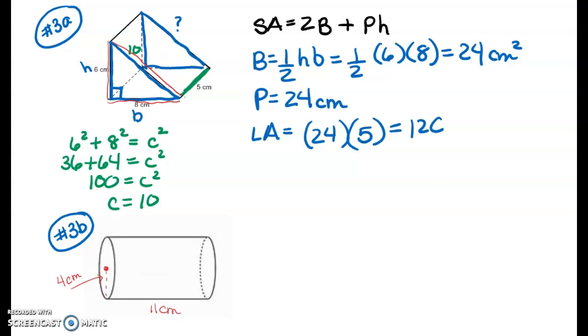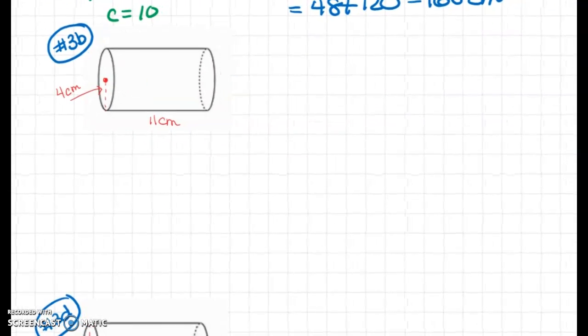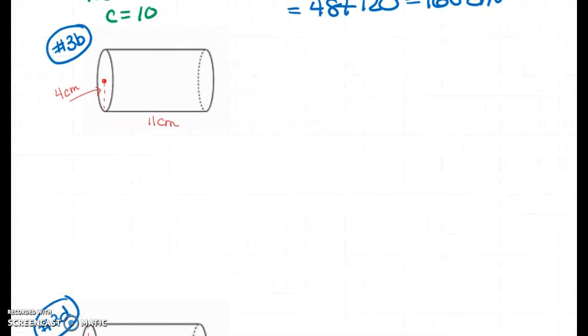So that's 120 centimeters squared, so that's my lateral area. And then to find my surface area, it's 2 times the area of my base plus my lateral area. So that's going to be 48 plus 120. That's 168 centimeters squared. Okay, we have time for one more example in this video, and then I'll start another.